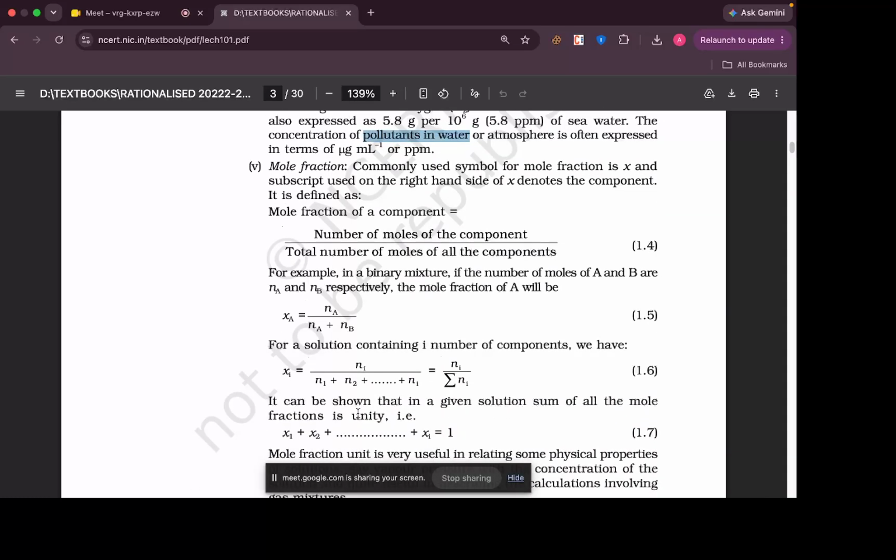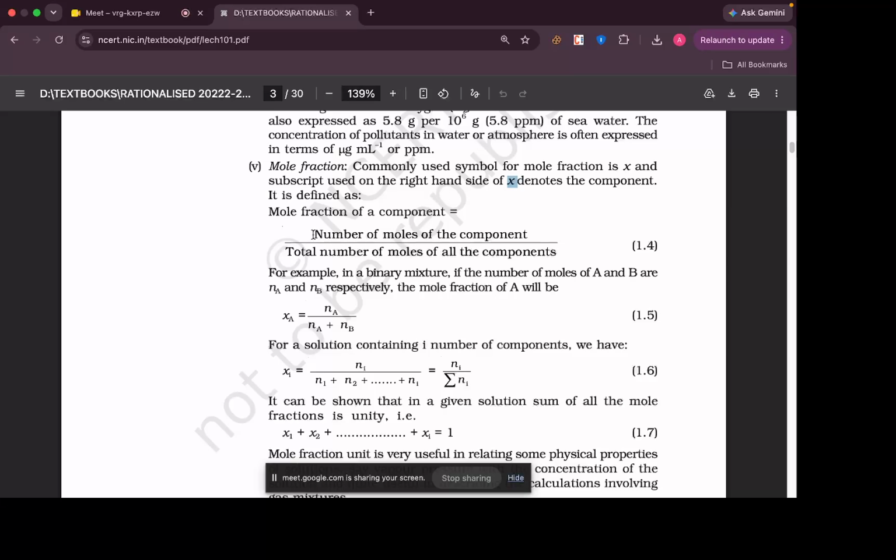Next is what? Mole fraction. What is a mole fraction? It is denoted by small x. From the name itself, it is telling us what mole fraction means. Mole fraction is what? Fraction. Fraction means anything divided by the total of something, correct?